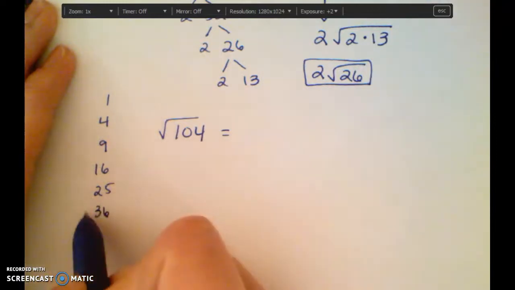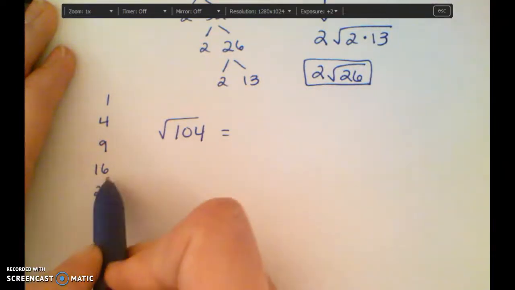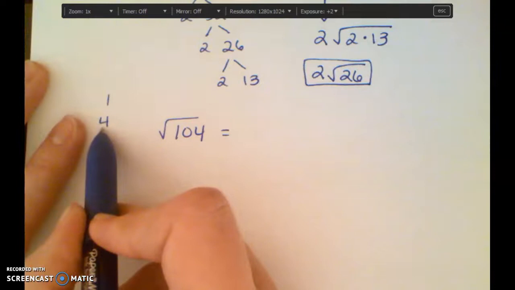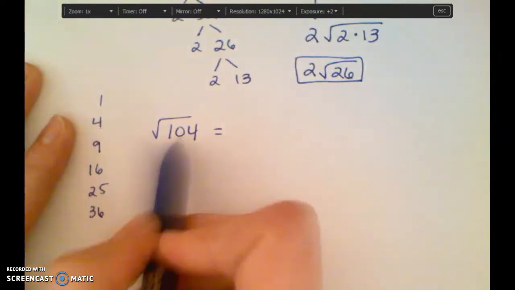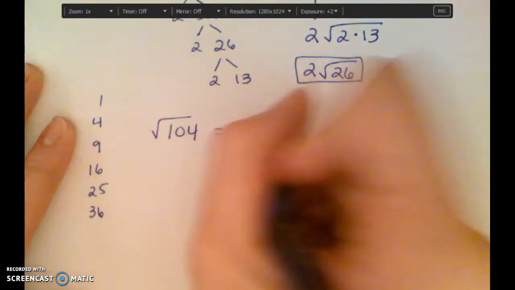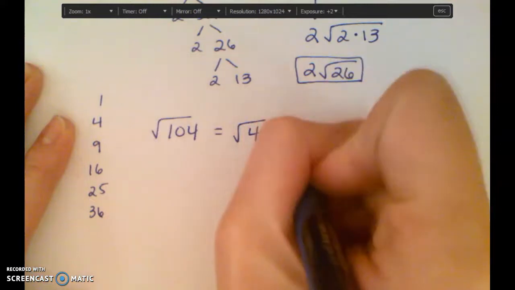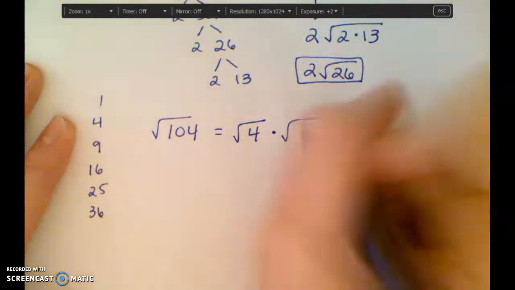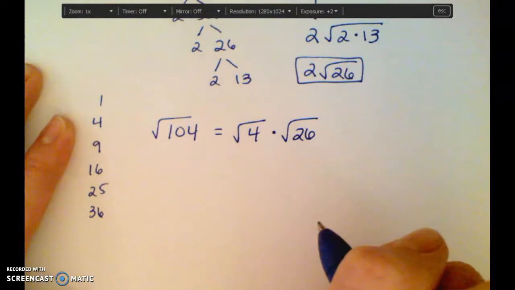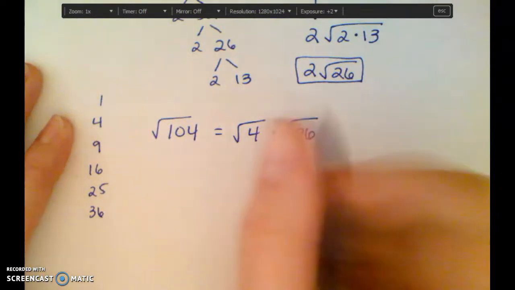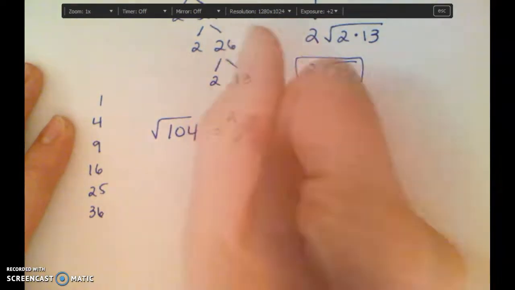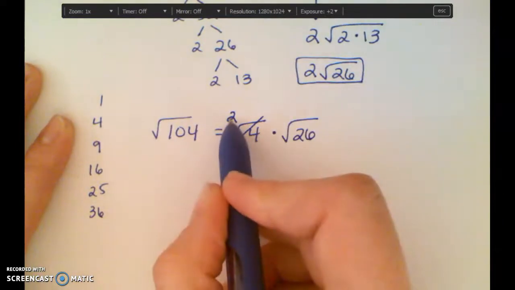Well, 36 doesn't go, 25, we just keep going, and it turns out that 4 is the biggest one that can go into 104. So that's going to be the square root of 4 times what? Well, 4 times 26 gives us 104.